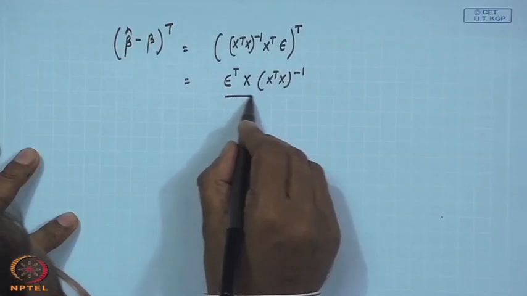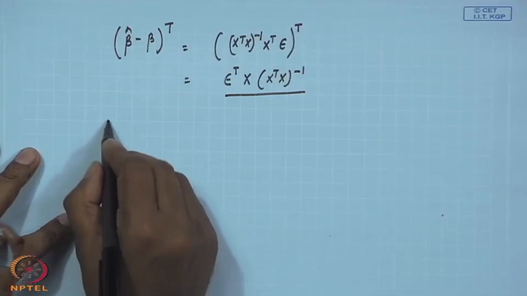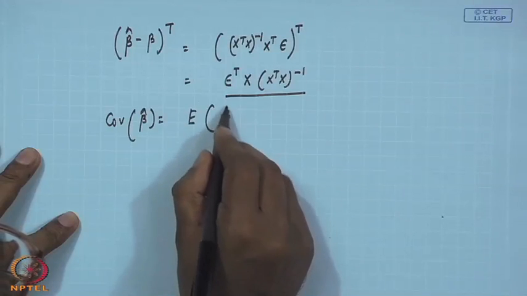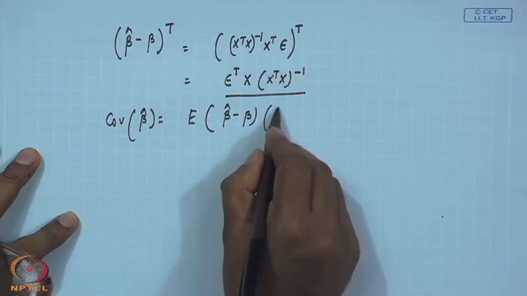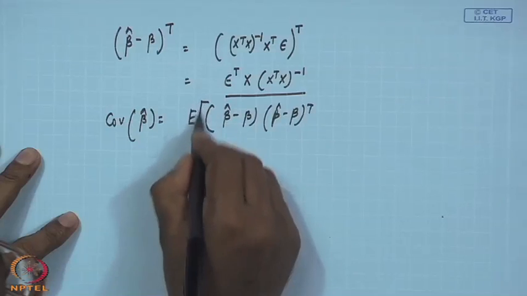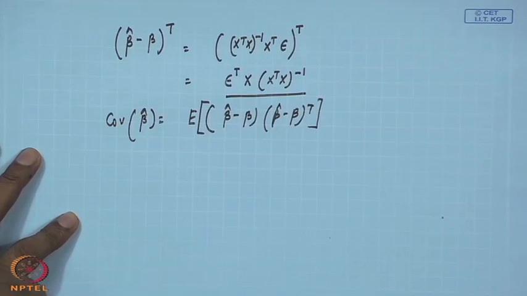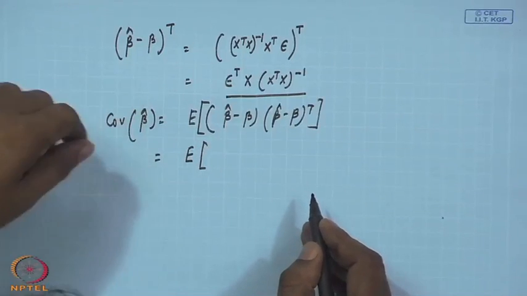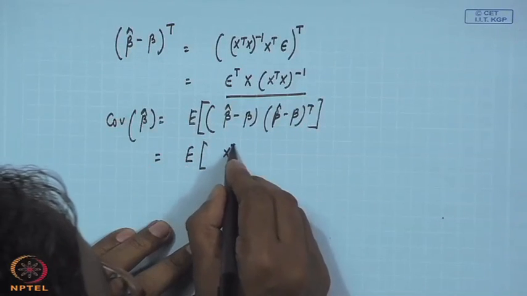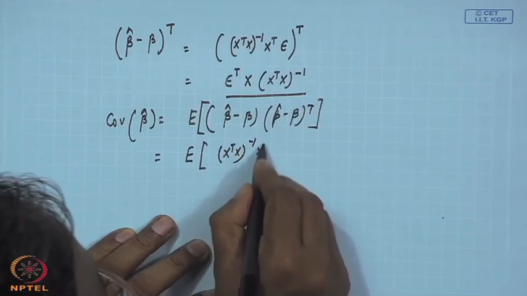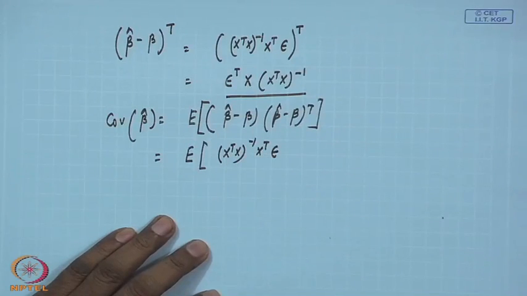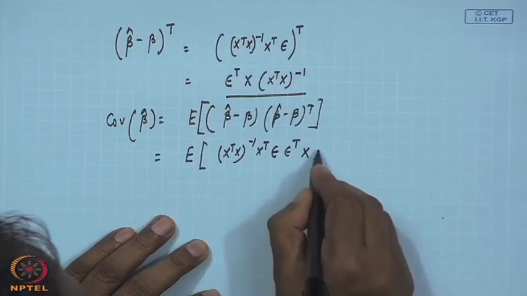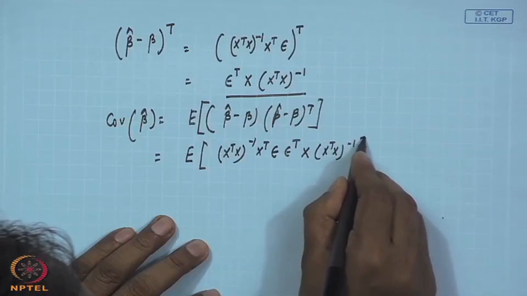So, this is the quantity now. What is our covariance of beta cap? That means expected value of beta cap minus beta, beta cap minus beta transpose, that was the formula. So, I will write this here. Our beta cap minus beta is X transpose X inverse X transpose epsilon, and the transpose of it, epsilon transpose X, X transpose X inverse.